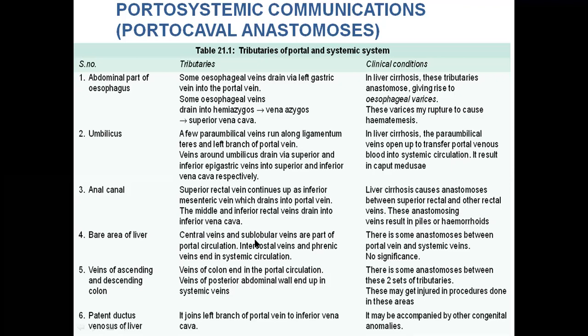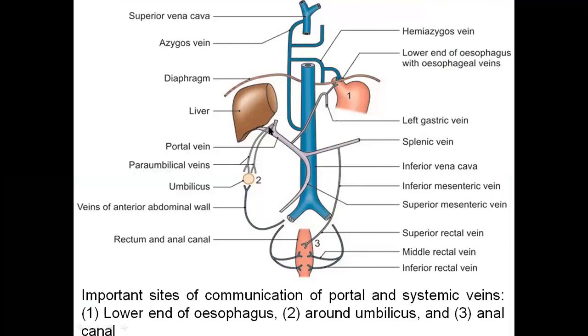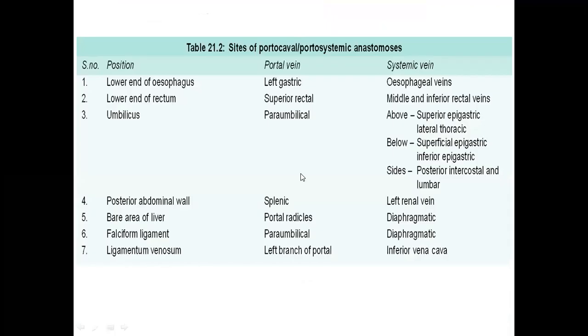Bare area of liver: the central veins and sublobular veins are part of portal circulation, while intercostal veins and phrenic veins end in systemic circulation, you know, right? There is some anastomosis between portal vein and systemic veins, hence there is not much significance here. So it is better you practice this picture and make the table.